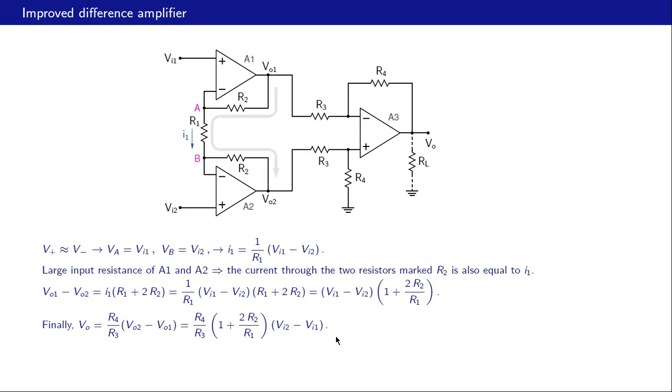So this circuit is indeed a difference amplifier. It is amplifying only the difference between VI2 and VI1, and it turns out to be a famous and very commonly used circuit. It's called the instrumentation amplifier.